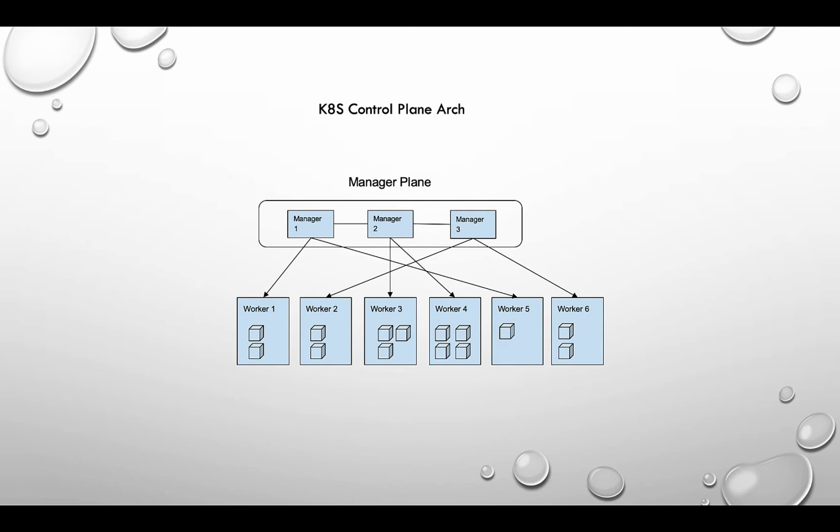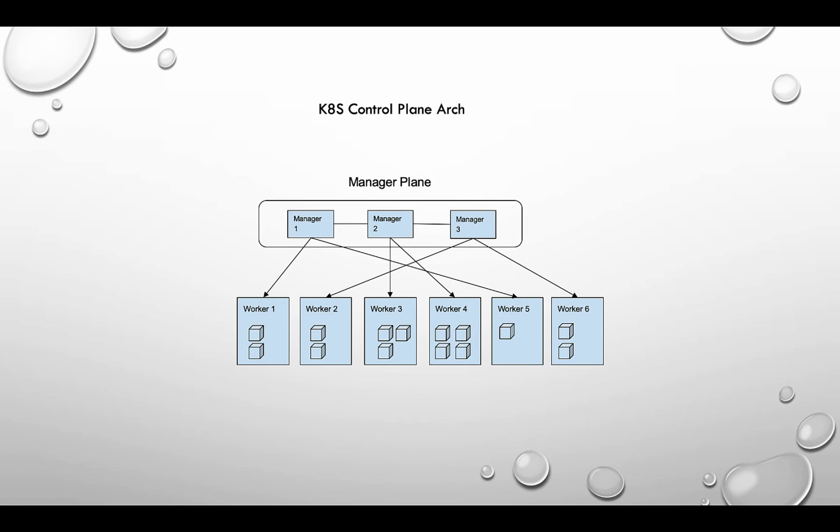So with three managers, it uses the Raft algorithm, and one of them becomes a leader. It provides high availability for the cluster. That's the whole idea about running your workload in an orchestrated Kubernetes cluster.